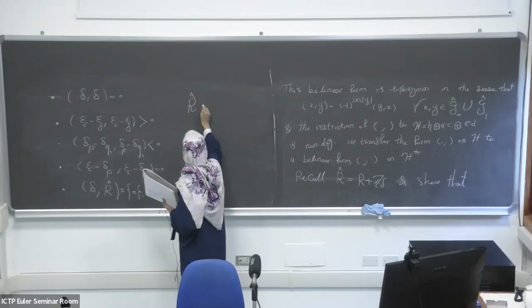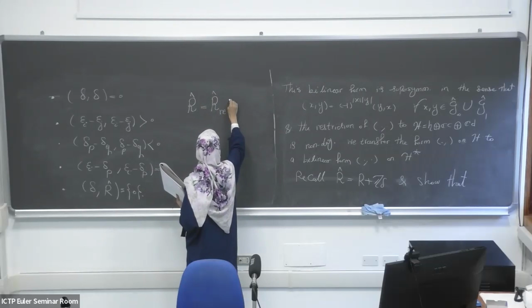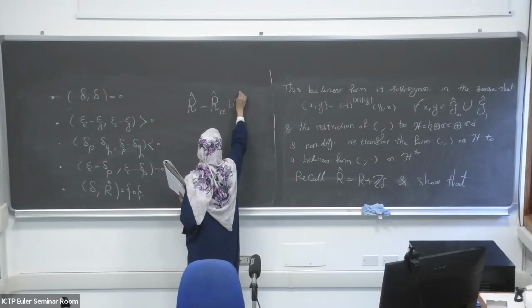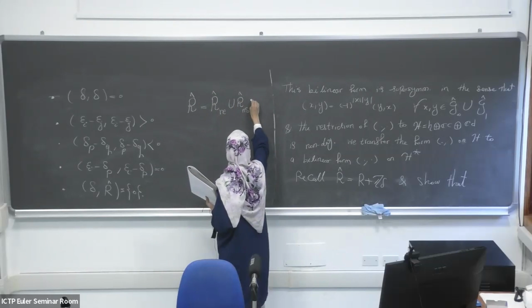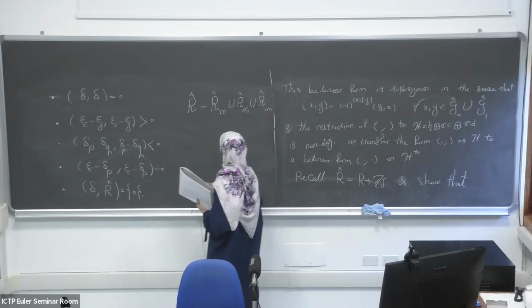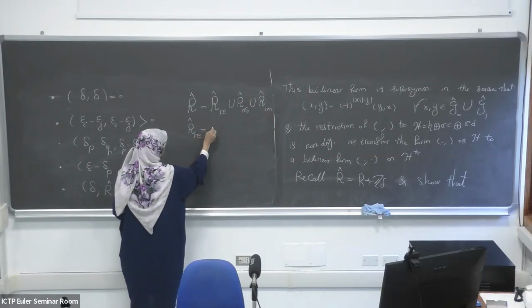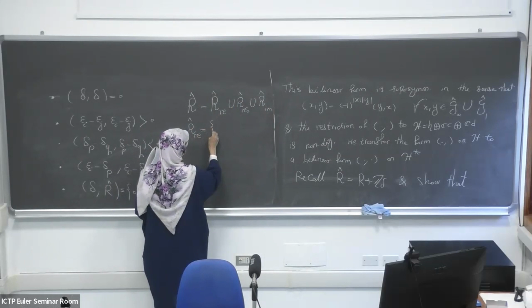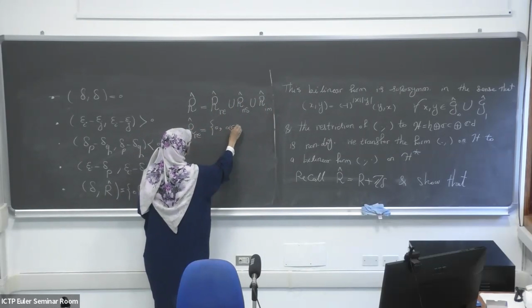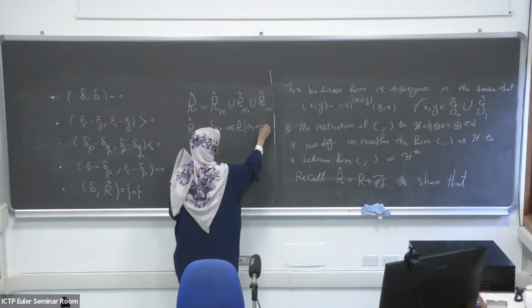we have R hat equals R hat real union R hat ns union R hat imaginary. By R hat real, we mean 0 and all alpha belonging to R hat such that alpha is not 0.